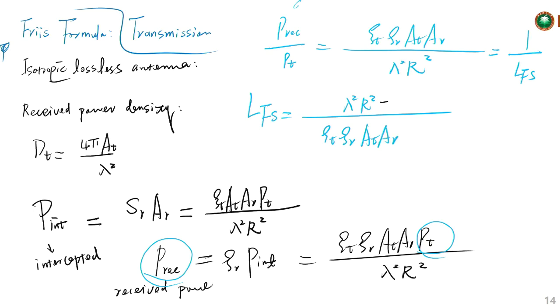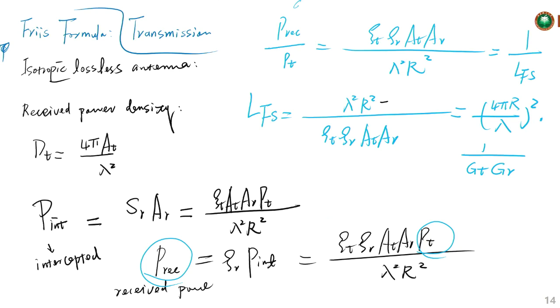It can also be expressed as (4 pi R over lambda) square times 1 over Gt times 1 over Gr.